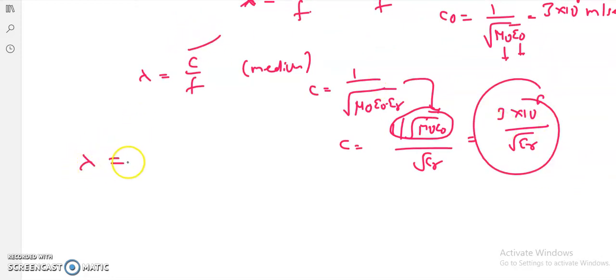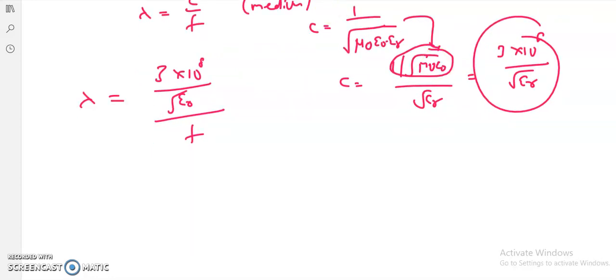So now the wavelength is equal to 3 into 10 power 8 divided by root of epsilon r, whole divided by frequency. This expression can be written as 3 into 10 power 8 divided by frequency into square root of relative permittivity.